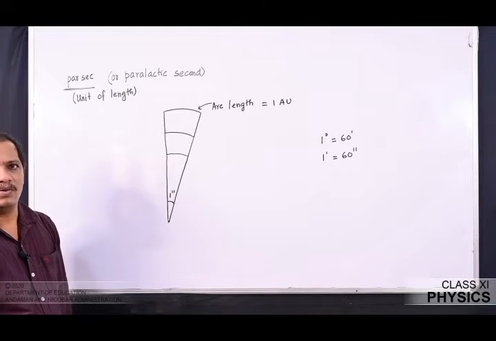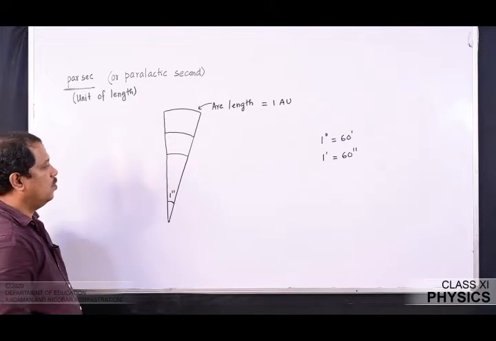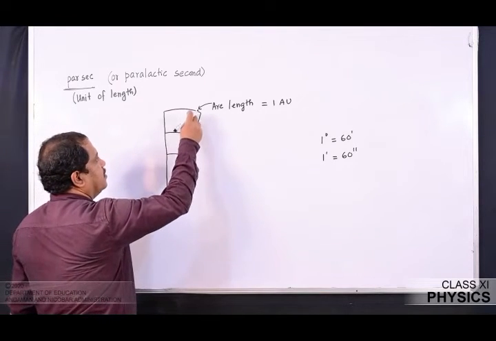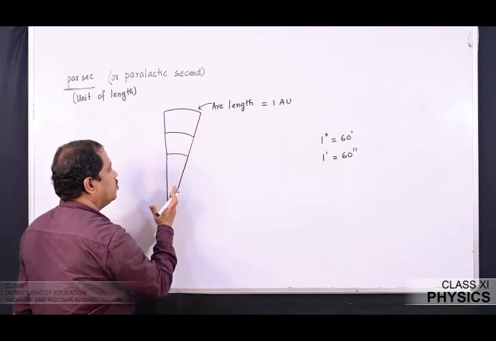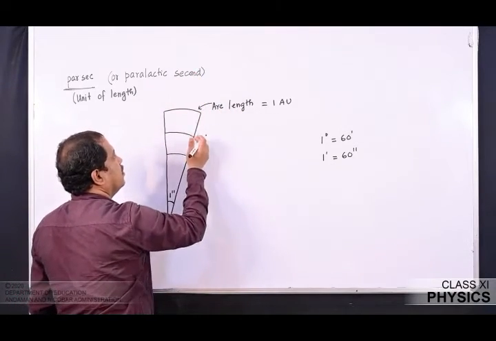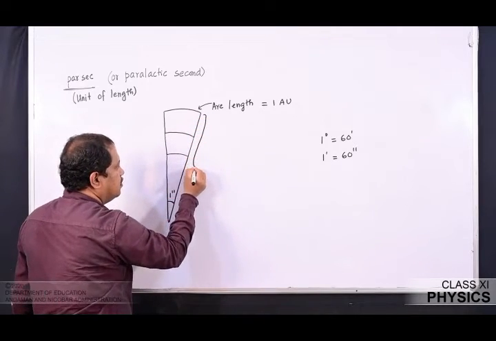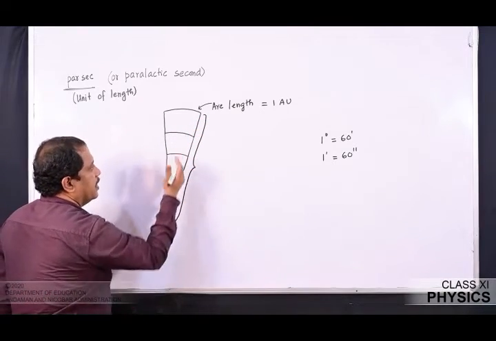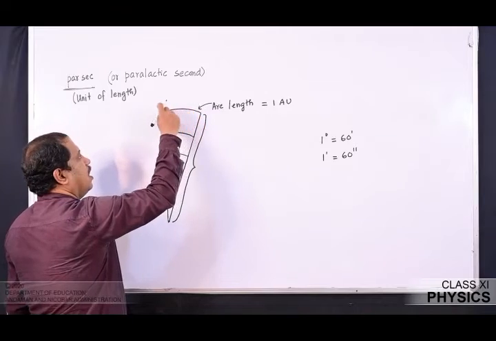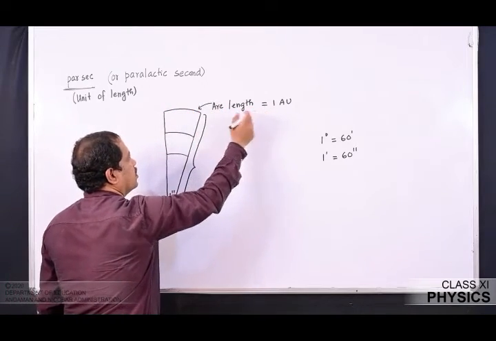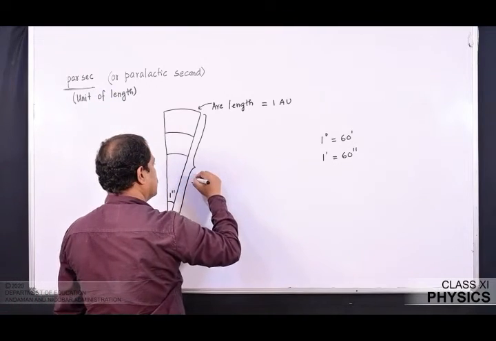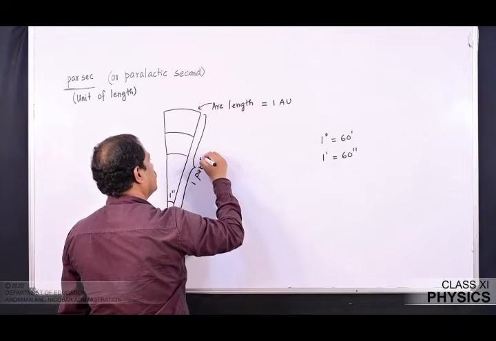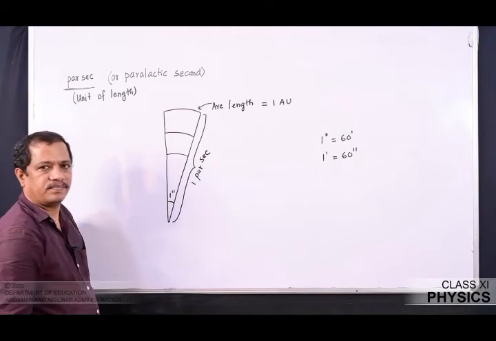That means for getting the arc length of 1 astronomical unit, you have to increase this length. Now the length that subtends an arc length of 1 astronomical unit, this length you are going to call 1 parsec. You are going to call it 1 parsec.